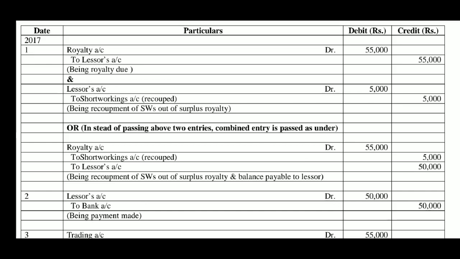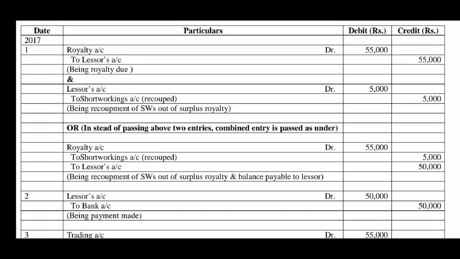Now, see the combined entry. Instead of passing those 2 entries, a combined entry is passed. Instead of passing above 2 entries, I repeat, combined entry is passed as under: royalty account debtor, actual royalty 55,000, to short workings account 5,000 rupees, to lessor's account 50,000.